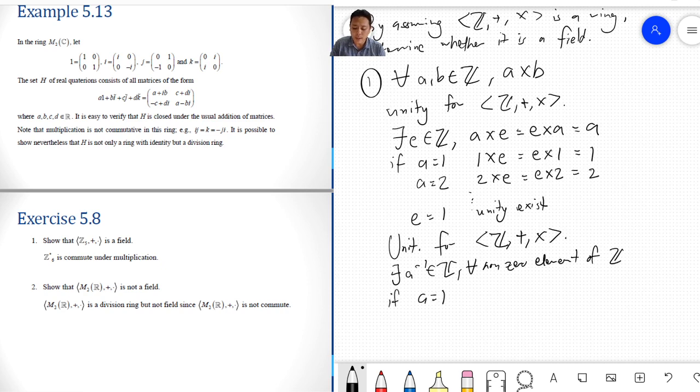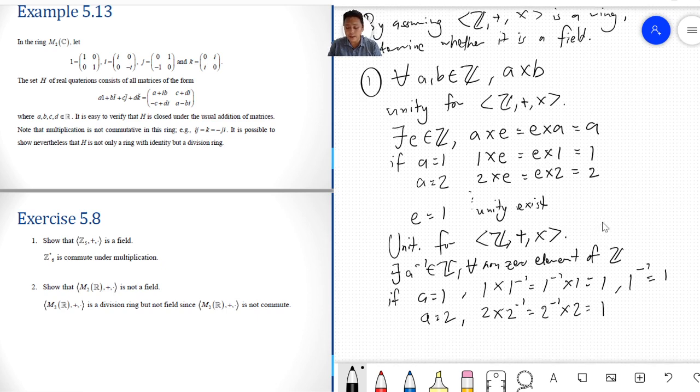If the integer is 1, does there exist an inverse such that this happens? You can say here that the inverse, the unit, is 1. How about 2? Such that 2 times its inverse gives you 1, commutatively as well.